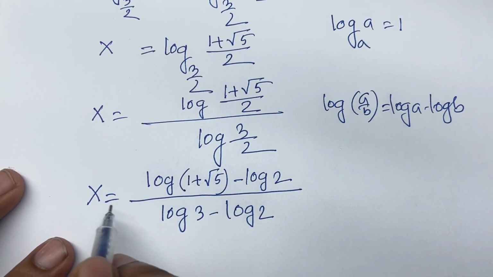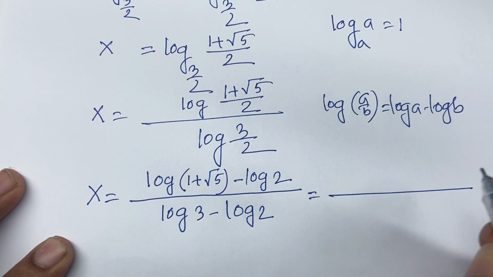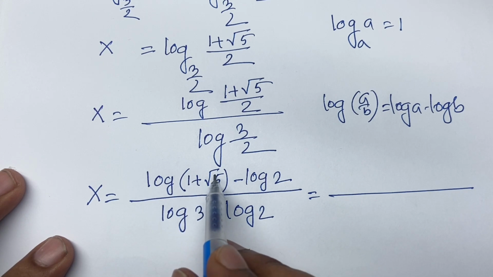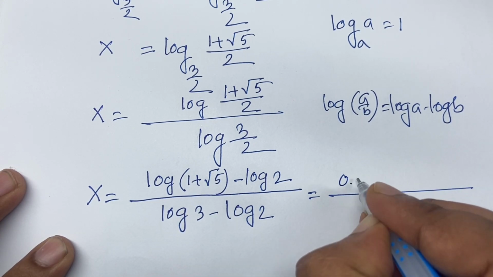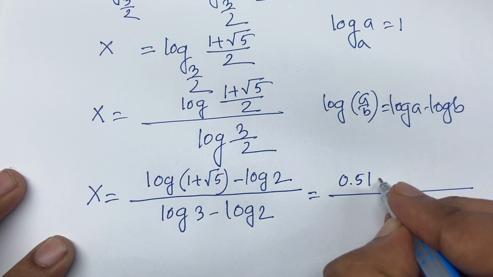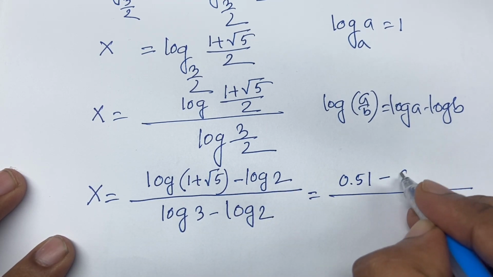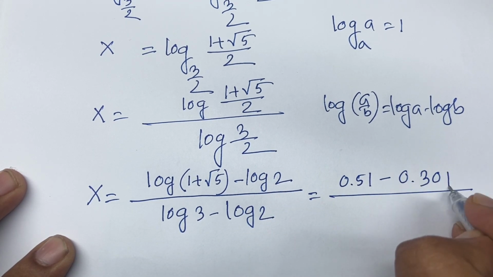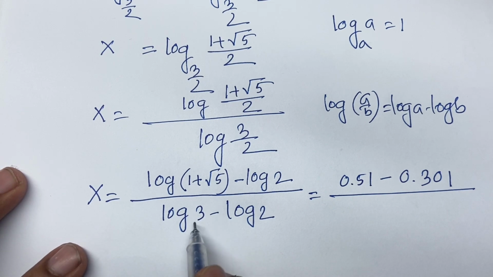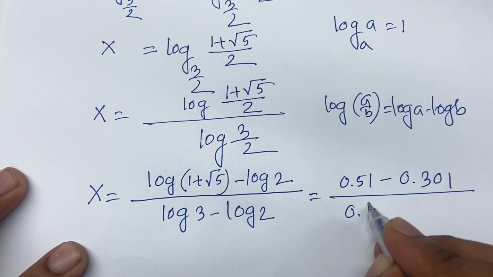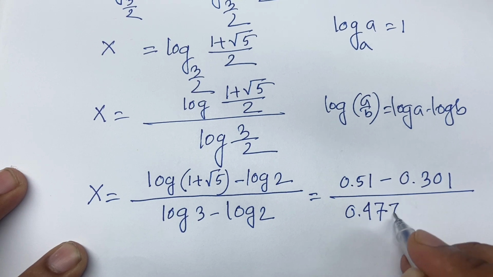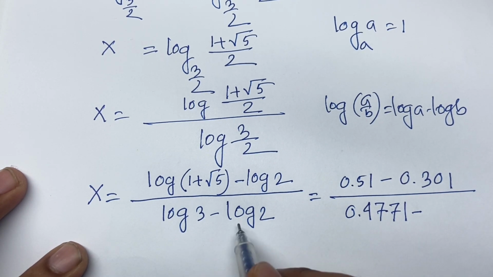Now if I use a calculator, I can say log of (1 plus square root 5) is equal to 0.51, log 2 is equal to 0.301, and log 3 is equal to 0.4771.